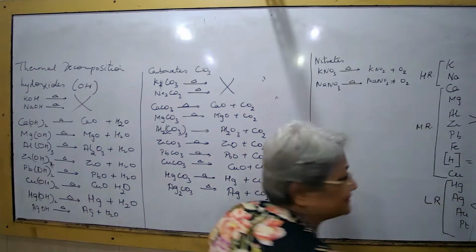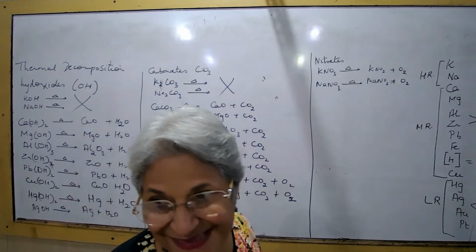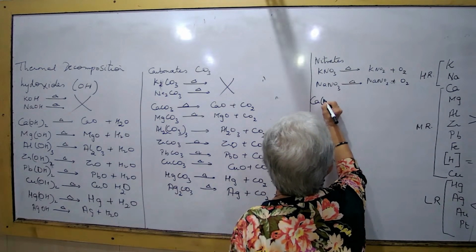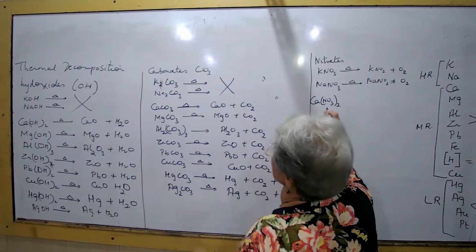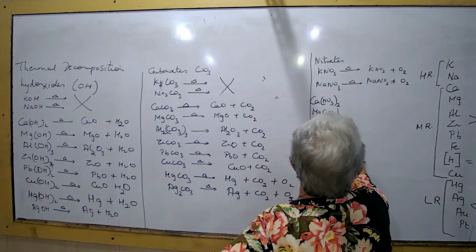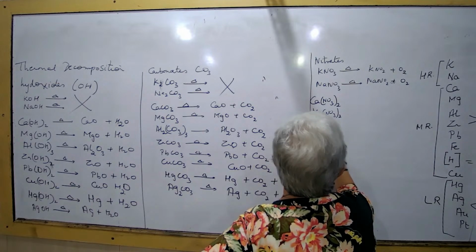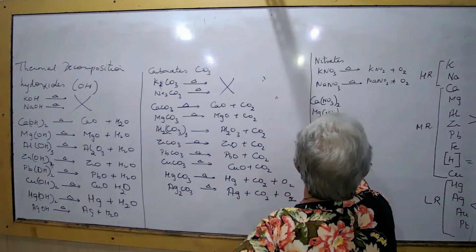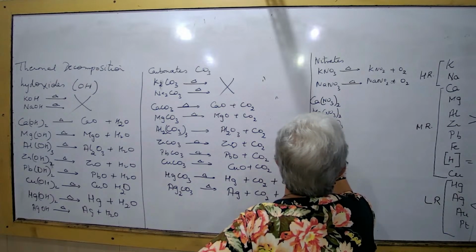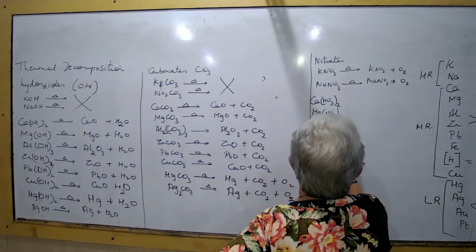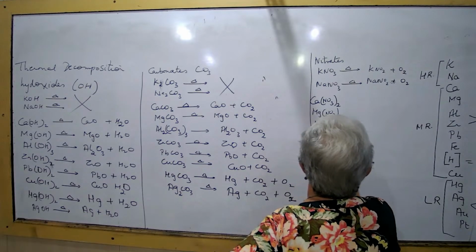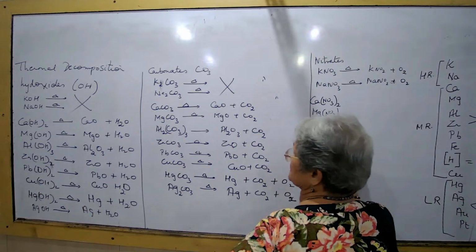Okay, this is what you're going to get. Learn this. If you're talking about calcium nitrate, Ca(NO3)2, or magnesium nitrate, Mg(NO3)2, or aluminium nitrate, Al(NO3)3, then zinc nitrate, Zn(NO3)2, then lead nitrate, Pb(NO3)2, okay?